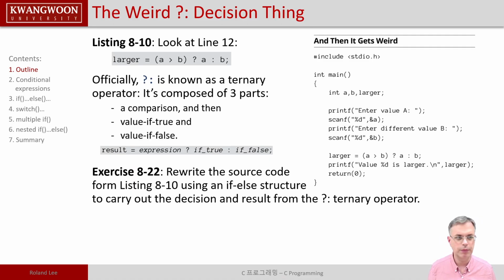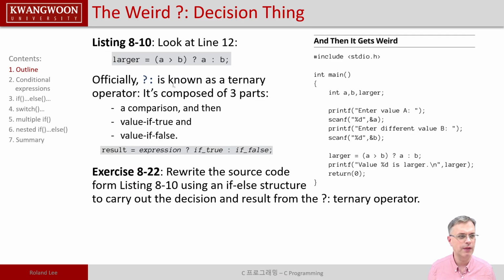Multiple comparison with logic, weird decision. Okay, so 8-10, I also have to find it one more time because I was just disturbed. Okay, here we go. 8-10, and then it gets weird. Here we go. Officially, question mark.